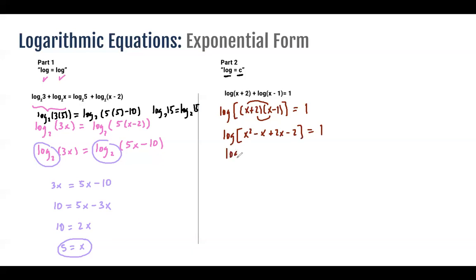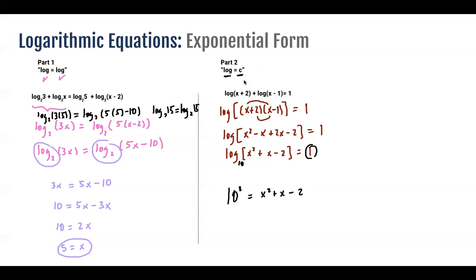And you could still simplify a bit. X squared plus x minus 2 is equal to 1. Because this is a base 10 logarithm, so this is a 10, we can rewrite it in exponential form. So that's 10 raised to the power of 1 is equal to x squared plus x minus 2.